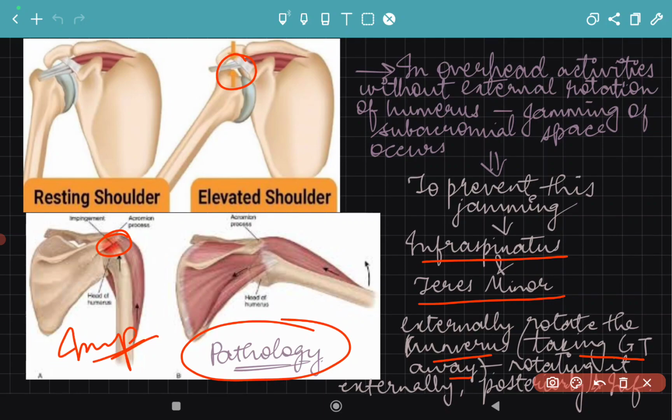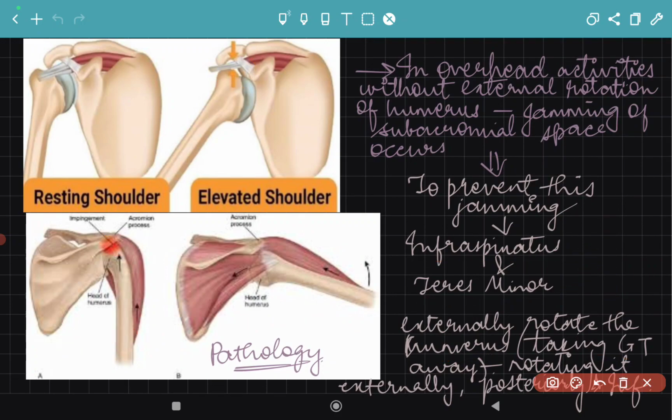In that case, if the shoulder is elevated, obviously the patient will get symptoms of pain or weakness. But even in a normal healthy shoulder, for elevating or doing shoulder abduction and overhead activities, we require external rotation of the humerus, which is done by those two muscles, infraspinatus and teres minor.